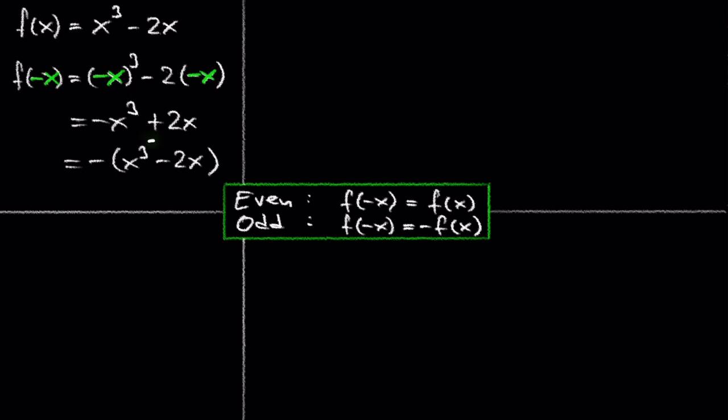And this is exactly the negative of f of x. We have shown that f of negative x equals the negative of f of x. In other words, we have shown that f of x equals x cubed minus 2x is an odd function.